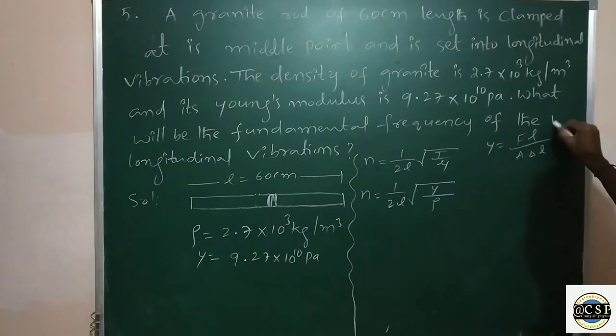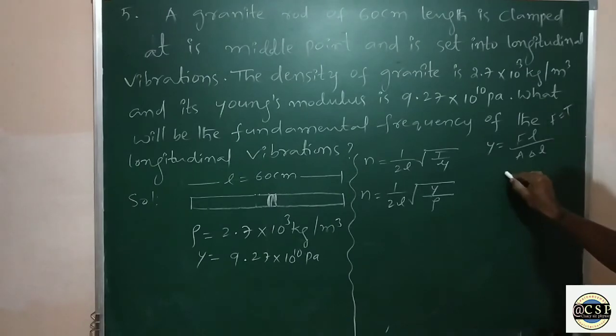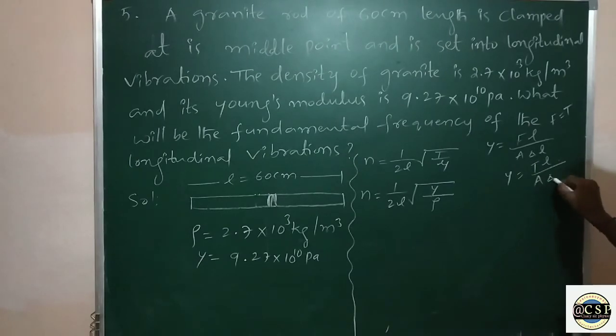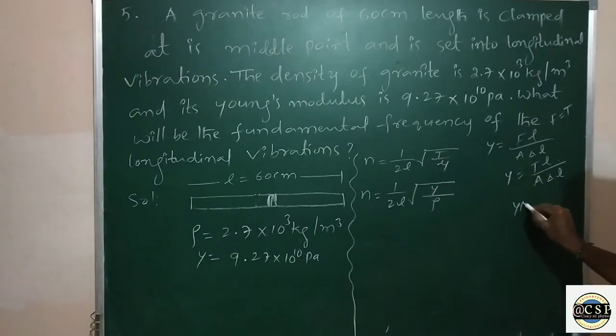But here F is nothing but T. Now I can write it, Y is equal to TL divided by A delta L. So we need to take T here, that is T equal to YA delta L by L. Here mu is nothing but, we know that mu is equal to rho A. These two conditions we have to substitute it here.